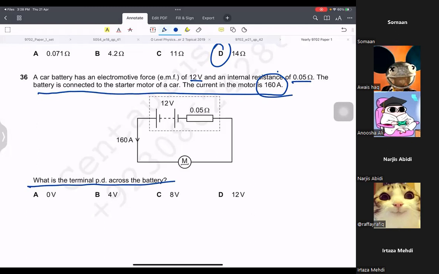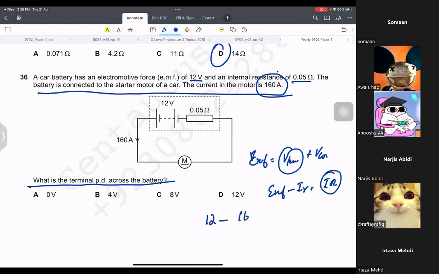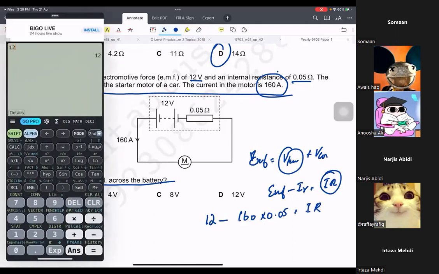EMF equals terminal potential plus voltage loss. You want to find this. So EMF minus I small r will give us the terminal potential. 12 minus 160 times 0.05. So let's try.